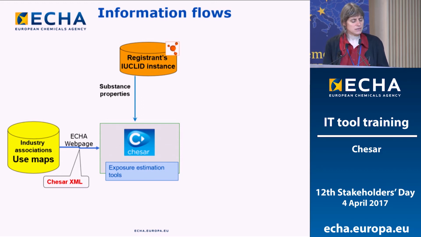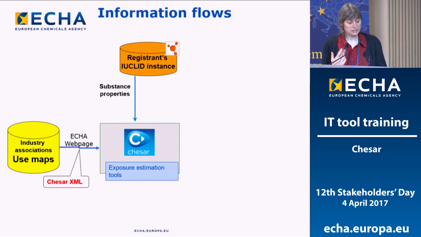Chesar is a machinery to carry out the chemical safety assessment. It has some embedded exposure estimation tools. It is also possible to report manually information from exposure estimation obtained with other tools not embedded into Chesar, or from measured data.